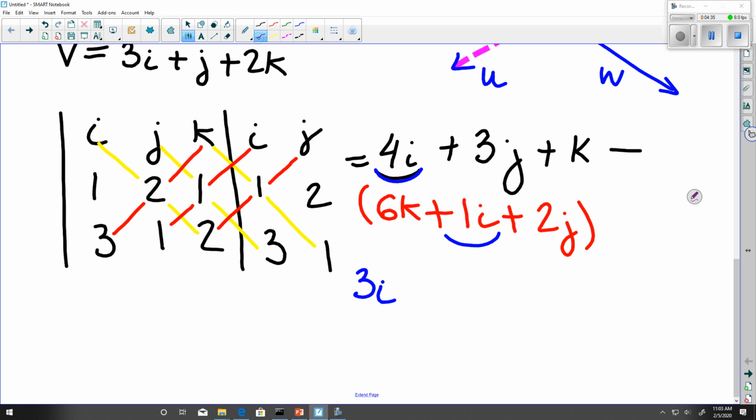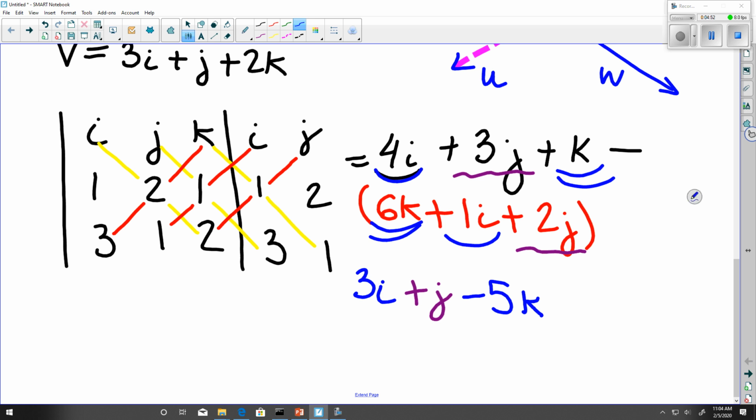Next, 3j minus 2j, because of the minus in front, plus j. And the last one will be 6k minus 5k. Okay, that's 2 points on the test.